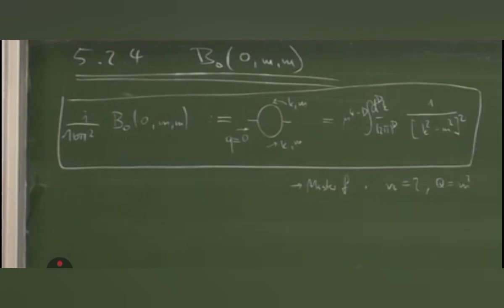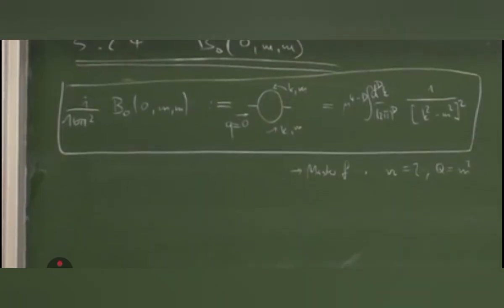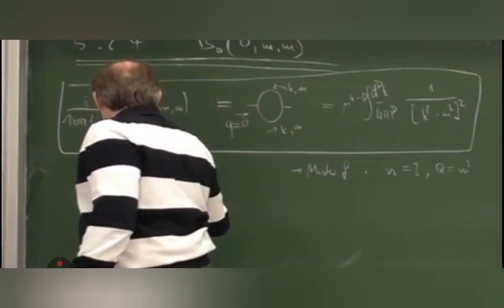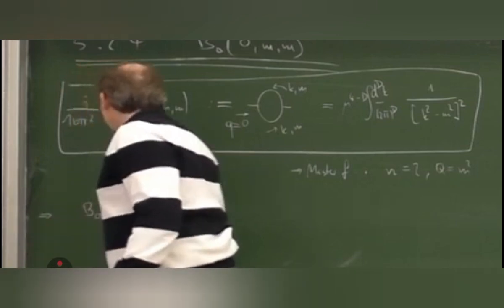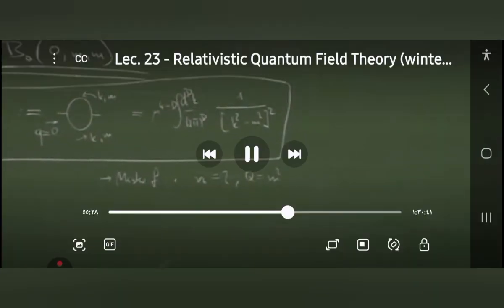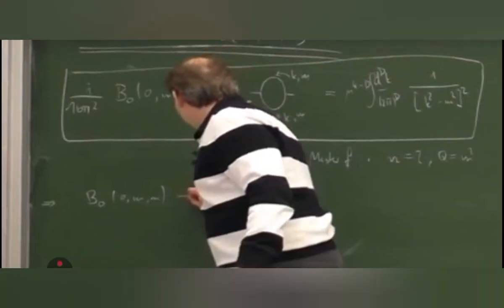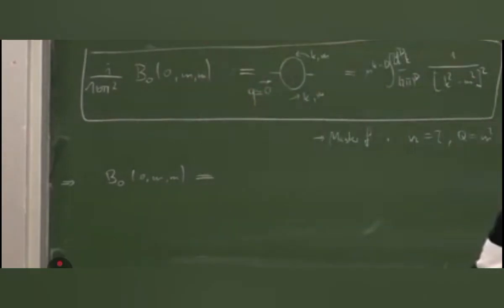Okay. So, and therefore we can immediately read off what the result is. What is the result for our B0 of 0, m? It's what we have here, apart from the factor i over 16 pi square. So what is it? That result. So minus 1 to the power 2 is now plus 1.